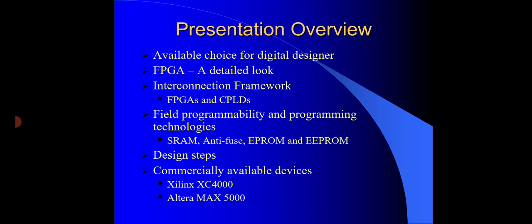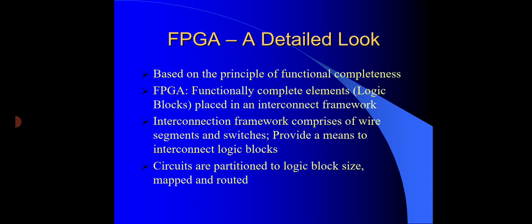a detailed look at the FPGA and its interconnections, field programmability, that is SRAM, antifuse, EEPROM, and the commercially available devices, that is Xilinx XC4000 and Ultramax 4000. Mainly this FPGA works on the principle of functional completeness.